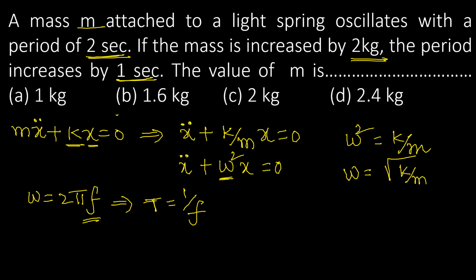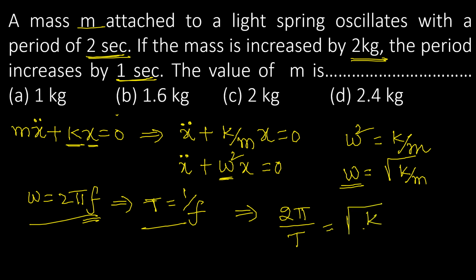By using these two equations and substituting these two values in omega, we will get omega is equal to 2 pi f, where f is equal to 1 by t. So 2 pi by t is equal to square root of k by m.